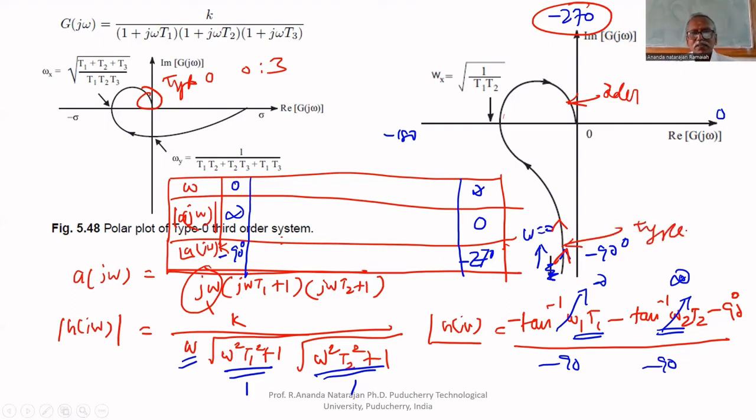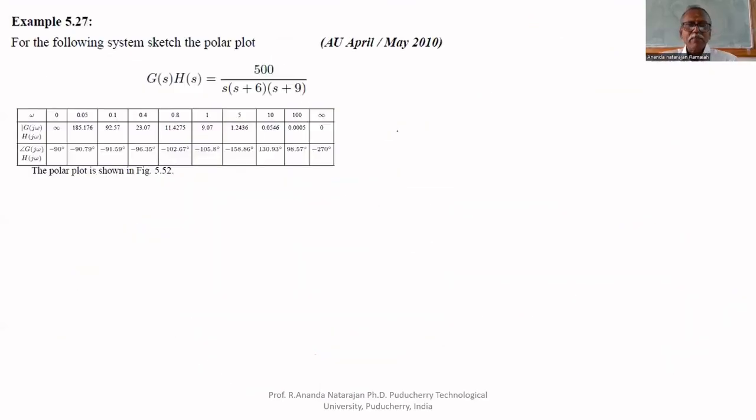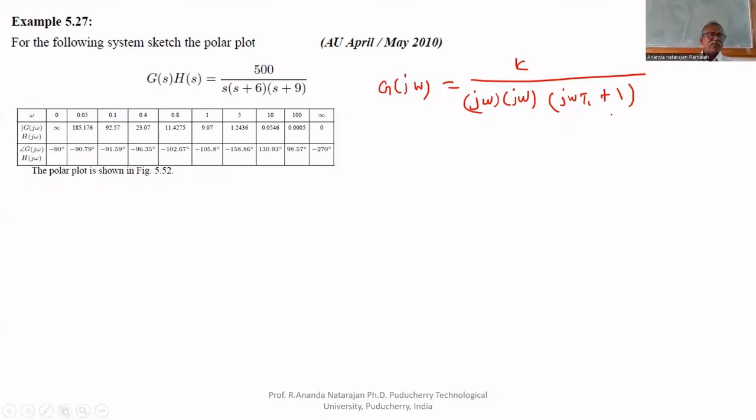Suppose I am having a system G of j omega equal to K upon j omega, multiplied by j omega, multiplied by (j omega T1 plus 1). What is the order? Order 3. Type number 2.